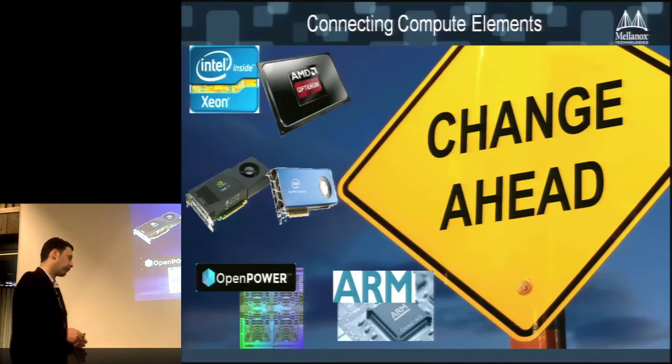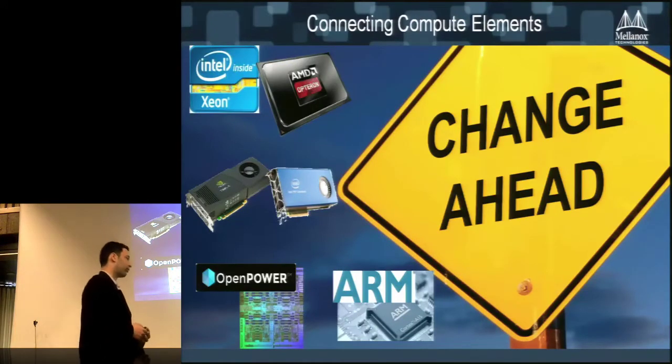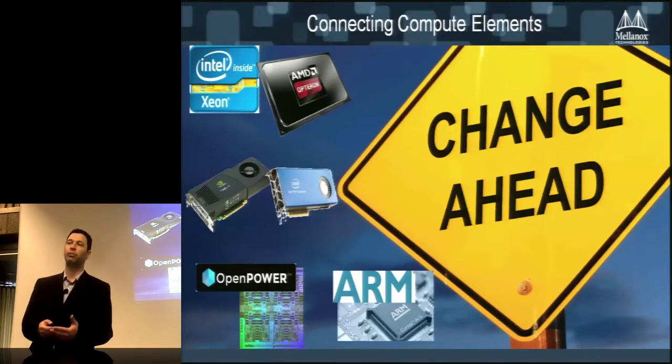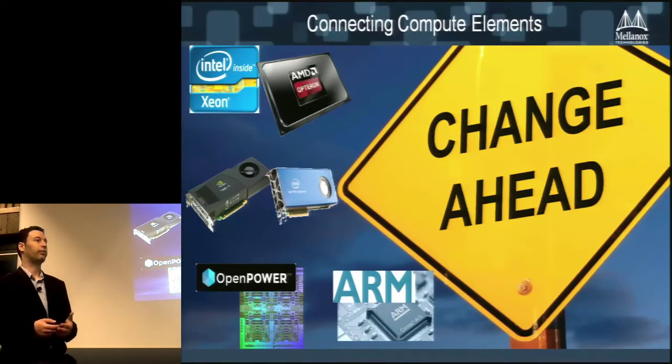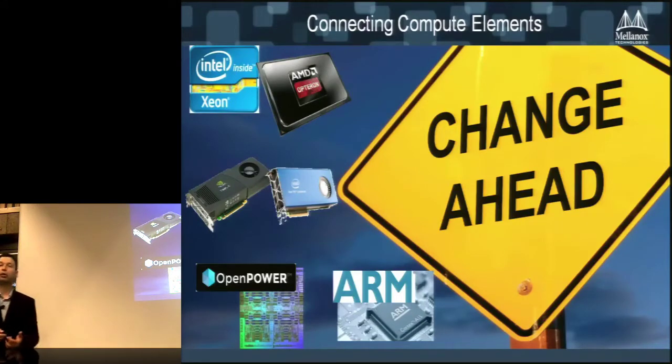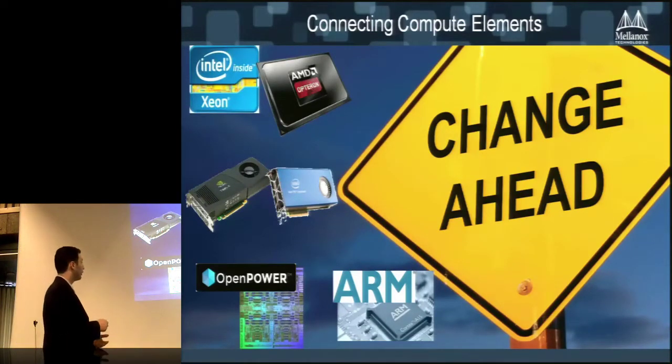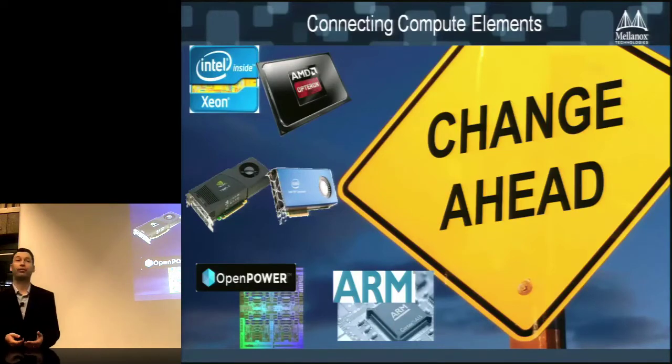So one of the key things from a networking standpoint is to be able to adjust the networking capabilities, performance and tuning to these different platforms. We already saw that once we have accelerators that reside on the PCI bus, we can come up with interesting technologies to boost their performance and to move data more efficiently to compute elements.